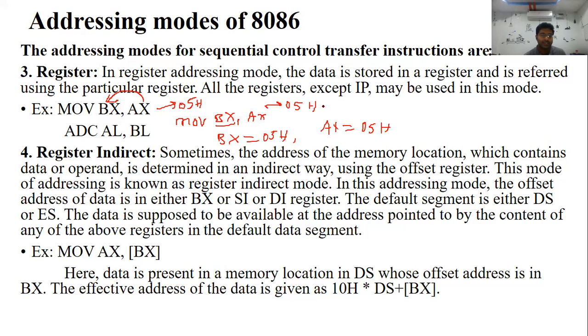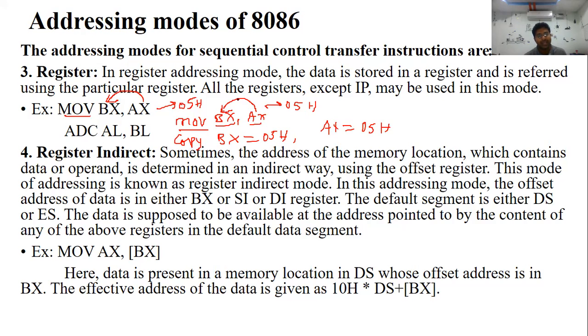Why? Because move means a copy instruction only. Whatever is stored in AX is just copied to the BX register.